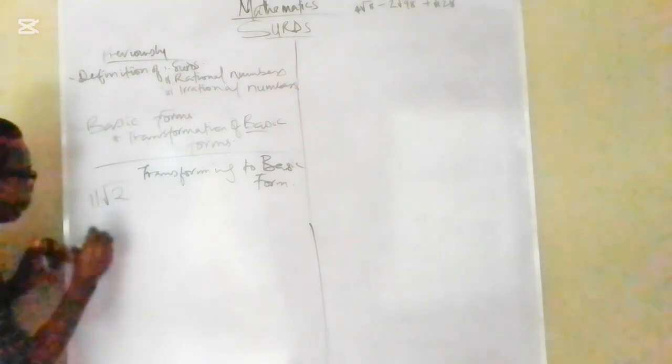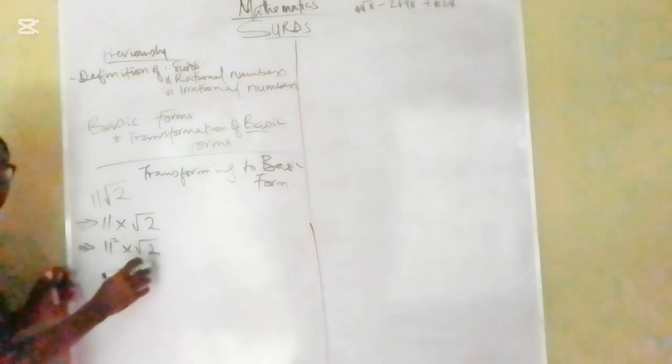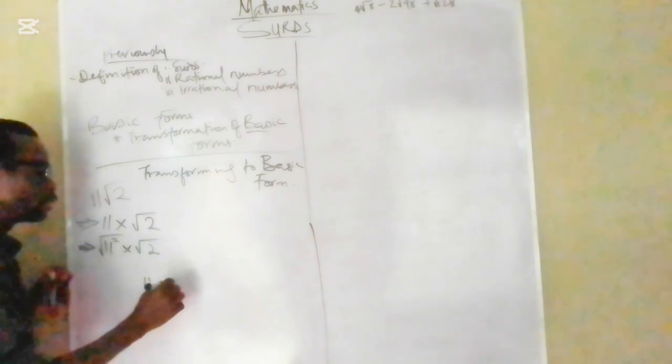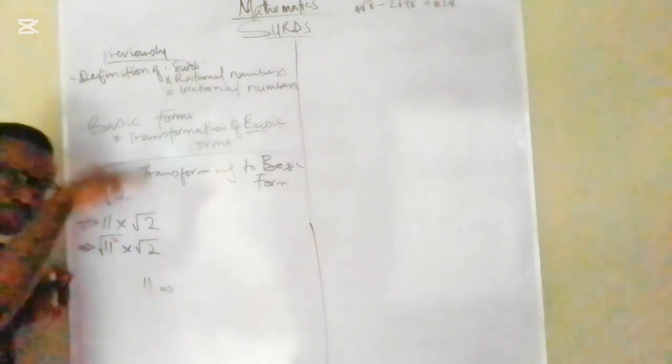Now this particular statement is still the same thing as writing it this way: 11 times root 2. Have I spoiled maths? No, it's still the same thing. Now this 11 was actually squared, so this is going to be 11 squared times 2. 11 is the same thing as doing the two opposite operations on it, because they will still bring it back down to this.